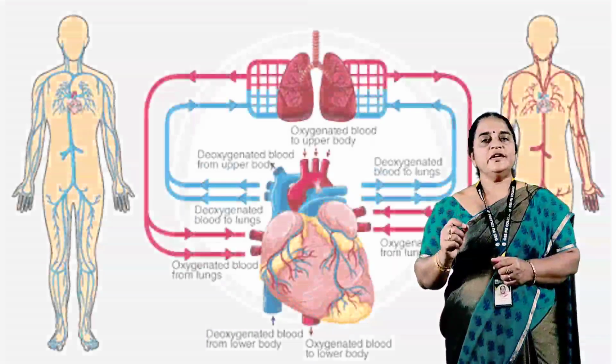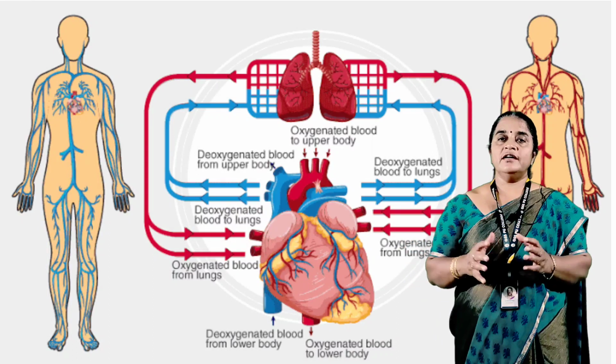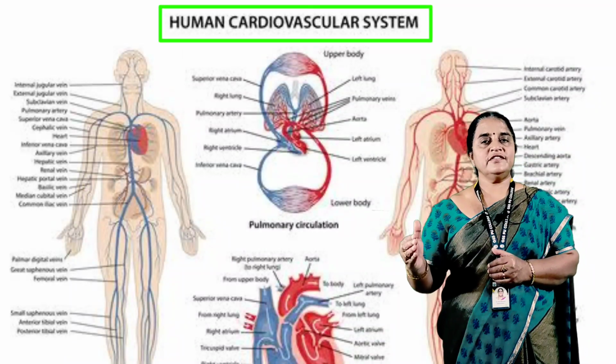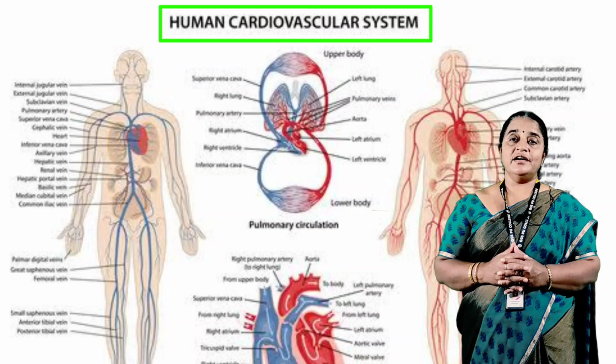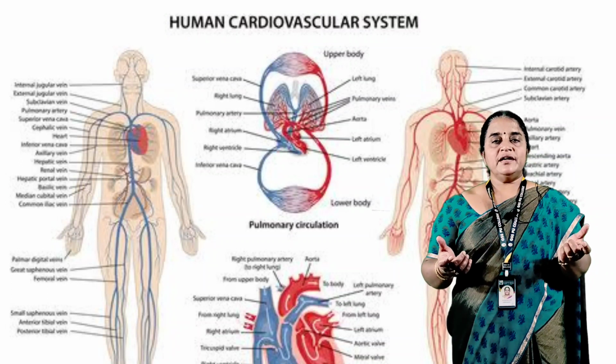In humans, circulation is said to be closed type because blood is flowing under pressure through closed blood vessels. It is also known as the cardiovascular system, cardio referring to the heart, which is the pumping organ that pumps the blood.